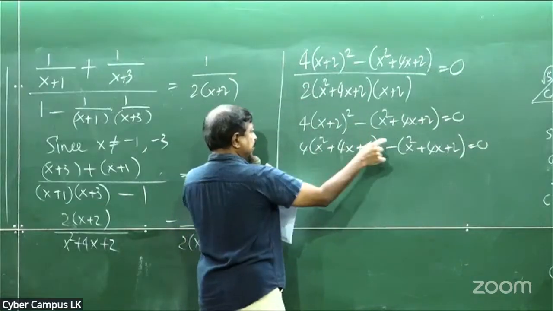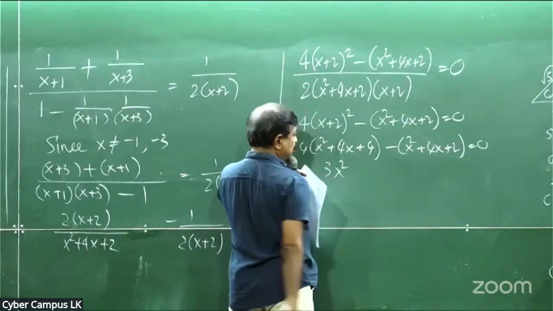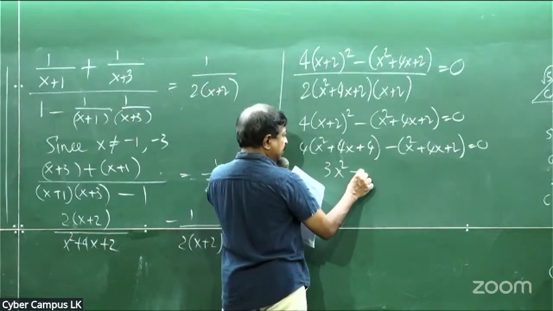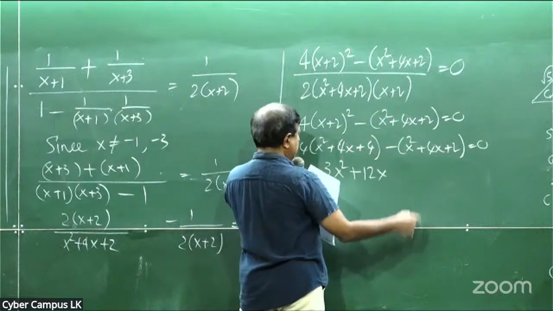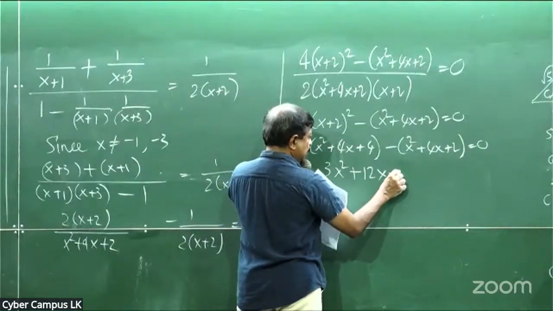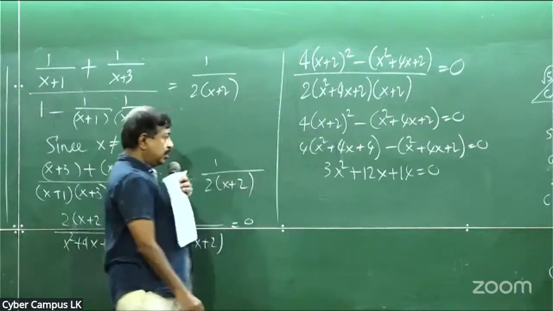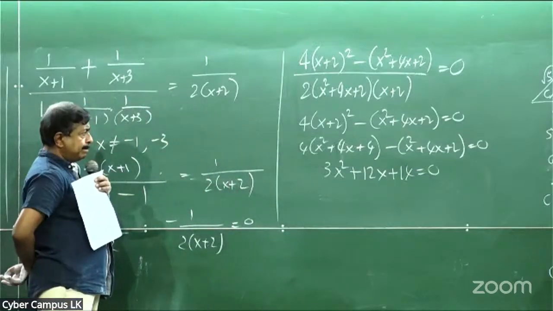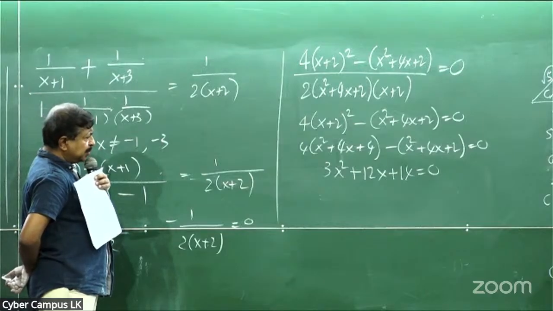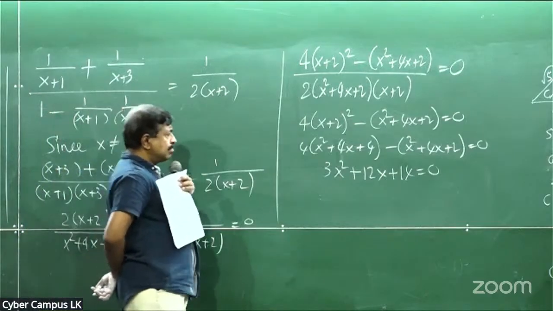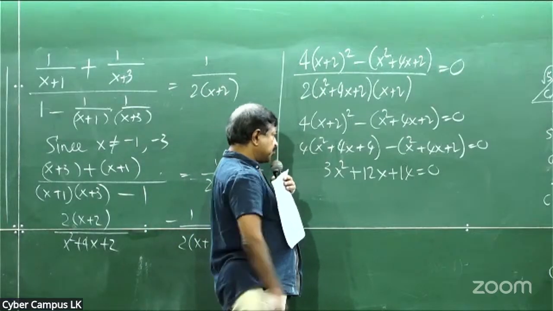So you get 3x squared, 16x minus 4x means plus 12x, 16 minus 2, so 3 times 14. It's hard to factor.